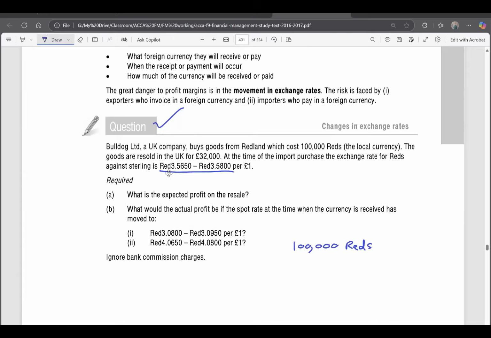So we have to increase the payment. So we divide with the low rate, yes. So 3.5650. So when you do that, your answer will be in pounds. So how many pounds do we have to find? I mean, at what pound price did we buy this?